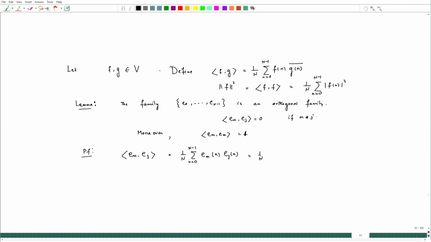As you can see, doing the pointwise evaluation, for n not equal to m this is equal to 0, and the only surviving term occurs when m equal to j, where it is equal to 1.